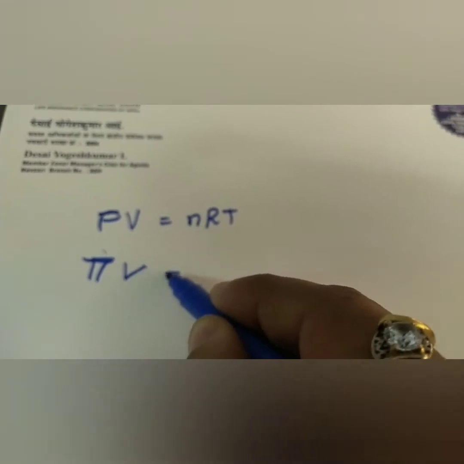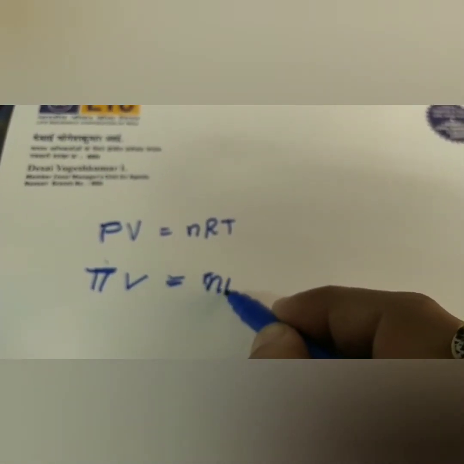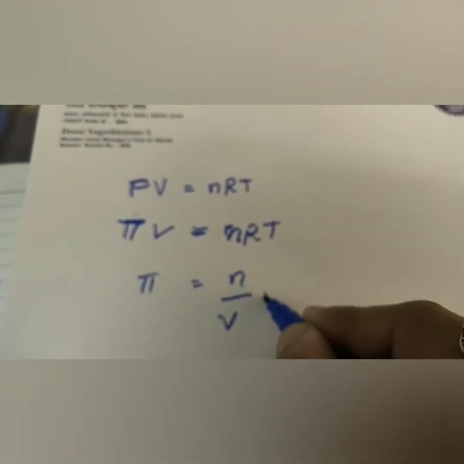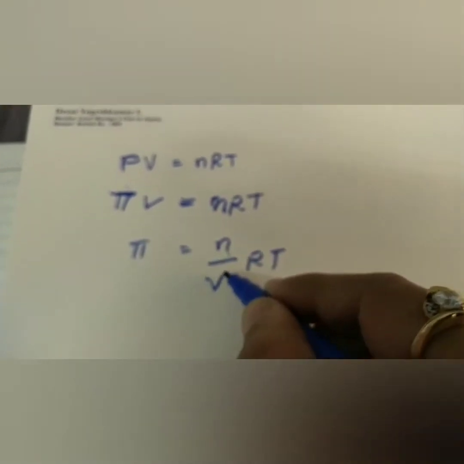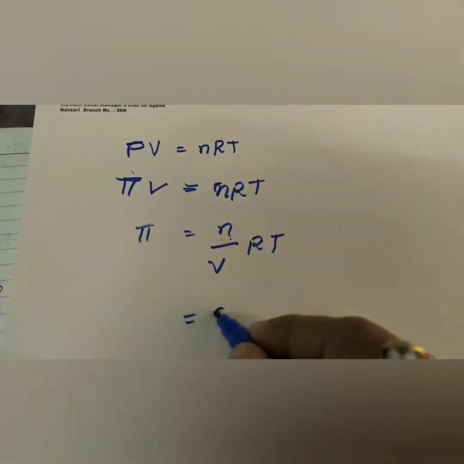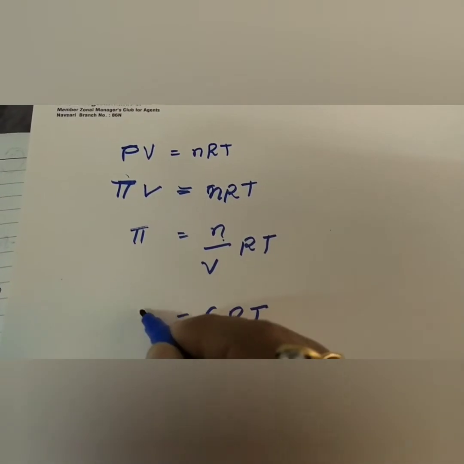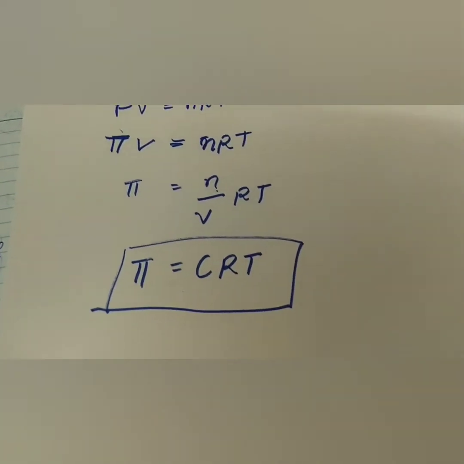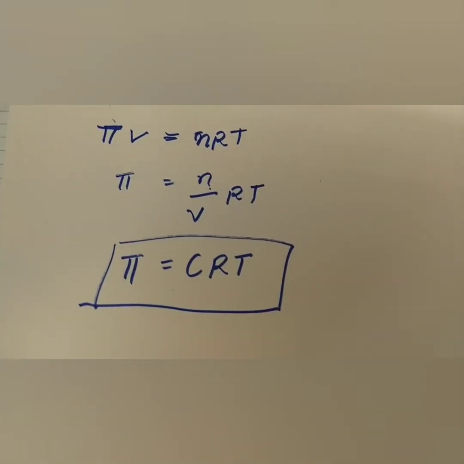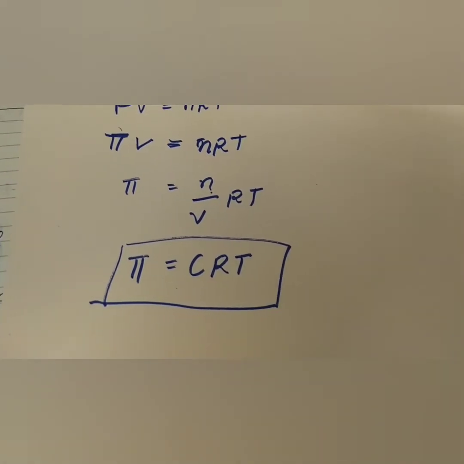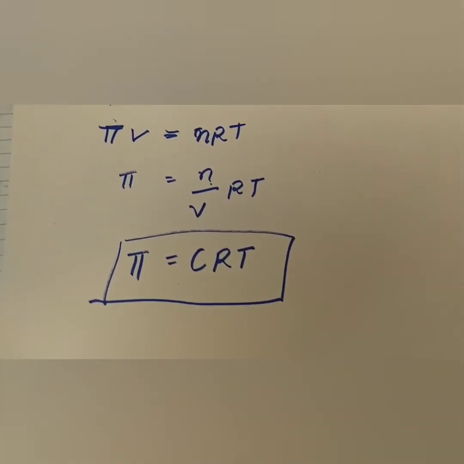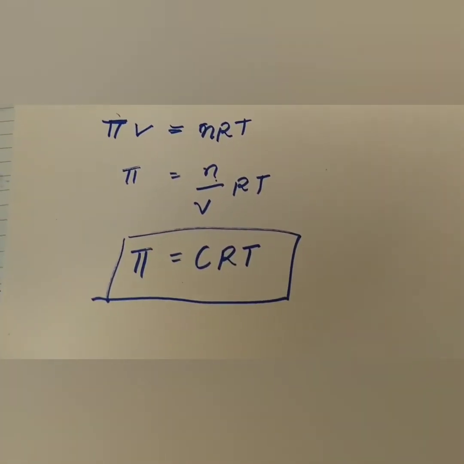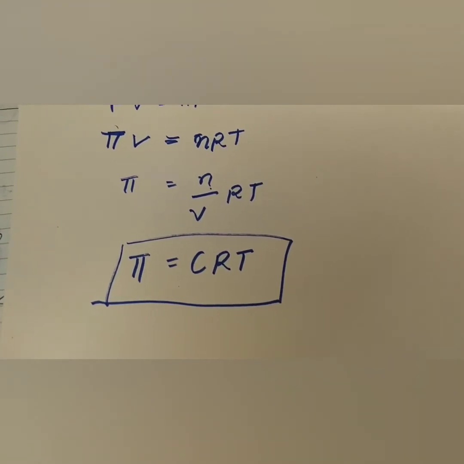Osmotic pressure. So we can say pi V is equal to nRT. Okay, so pi is equal to n by V RT, and this is mole per liter, so that represents a concentration. So instead of this n by V, what we can write? We can write CRT. So this is the formula to calculate what? Osmotic pressure. Okay, so in next lecture we will discuss some numericals related to colligative properties, even the numericals which will come in your JEE NEET exam, that also we will discuss.